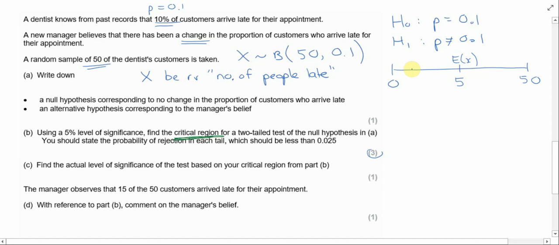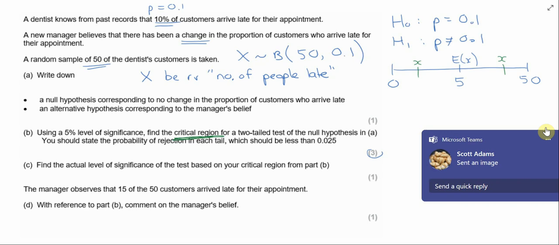In fact, I do all of my questions using the critical region and then just do what they're asking you to do in part D. So there's a cutoff point here, like an observed value here, and an observed value here, where it becomes significant. And we're looking for how far up we can push the first one and how late we can push the second one to be deemed significant.